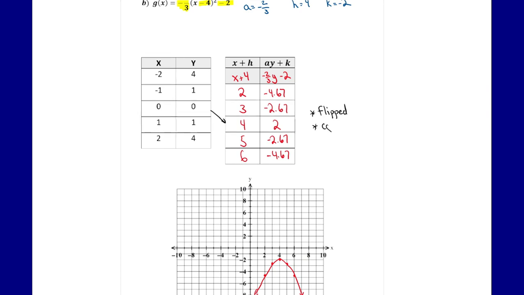It is compressed because it is spread out or looks fatter than our standard one, so we can say by a factor of 2/3. Shift right 4, and then shift down 2. So those are the 3 transformations that we're dealing with.